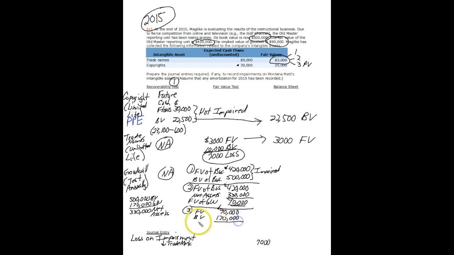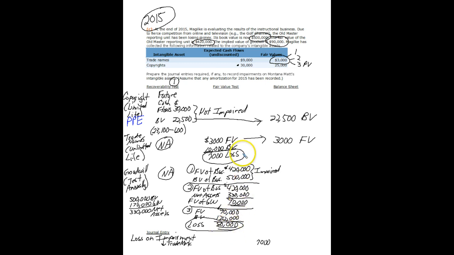So we have a big loss, don't we, of $80,000. And so we need to make a journal entry for that $80,000 loss. The goodwill only seems to be worth $90,000 at this point in time, but we have it in the accounting records at $170,000. So we want to write the goodwill down by $80,000.